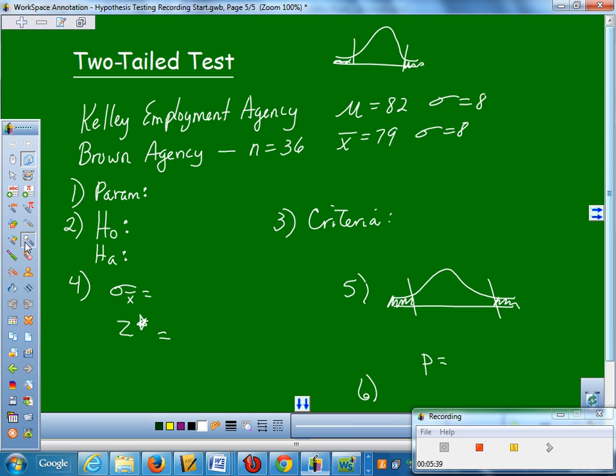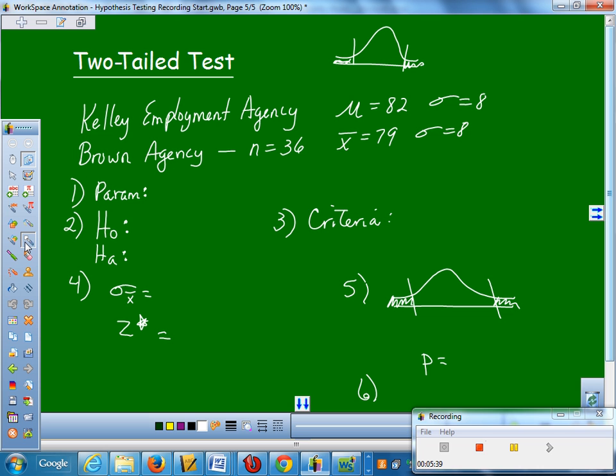In this particular situation, we have the Kelly Employment Agency. They find people, employees, and they give a test to test their skills. On their particular test, the mean is 82 with a standard deviation of 8. Well, a new agency has popped up in town, the Brown Agency, and they claim that their test gives the exact same results.